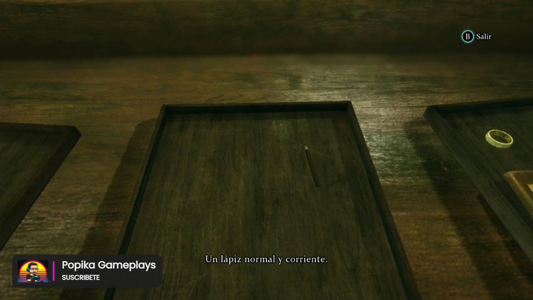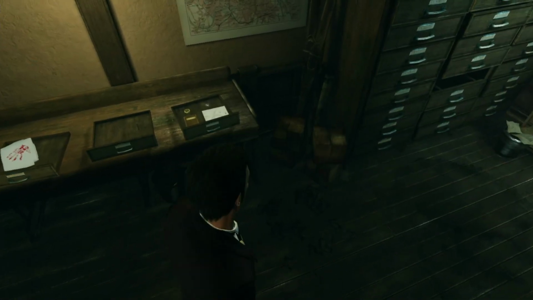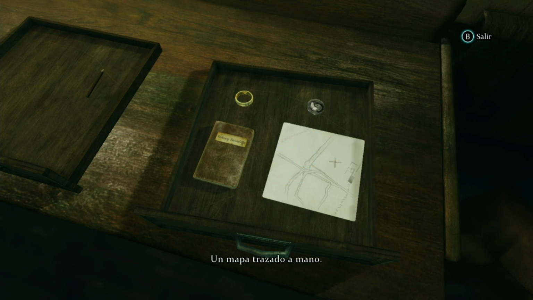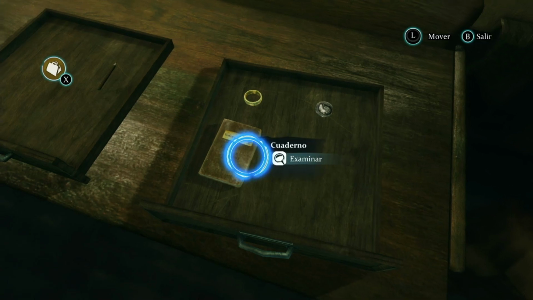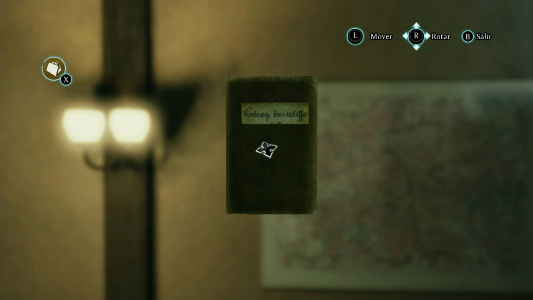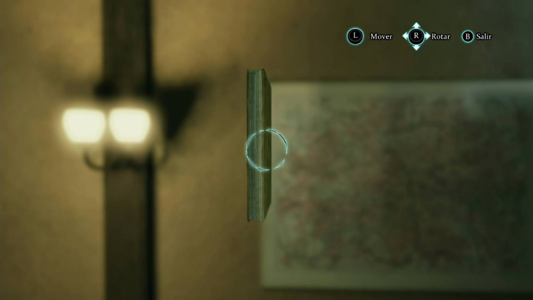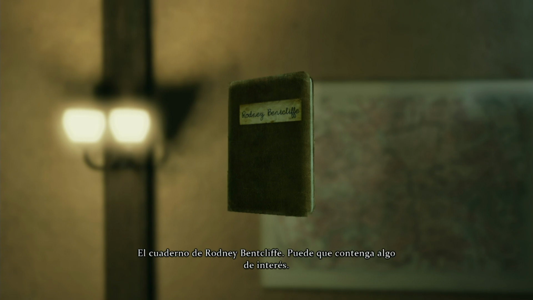An ordinary pencil. A hand-drawn map. Rodney Bentcliffe's notebook.